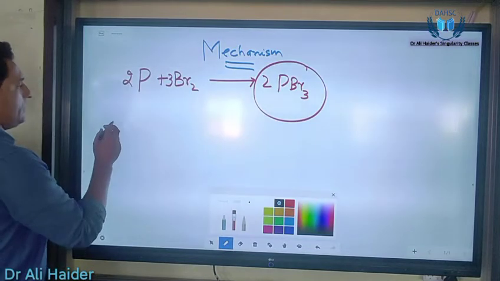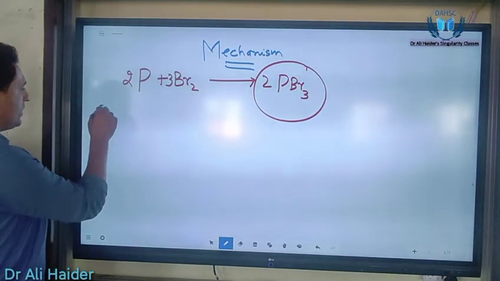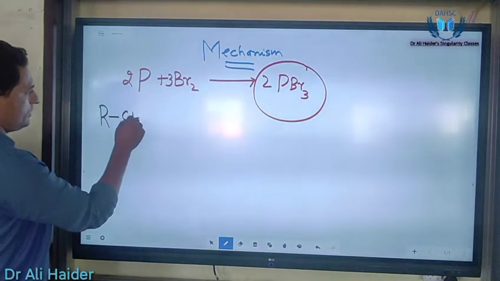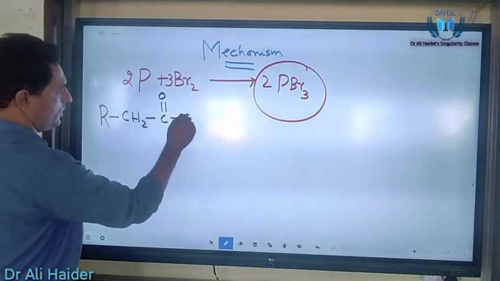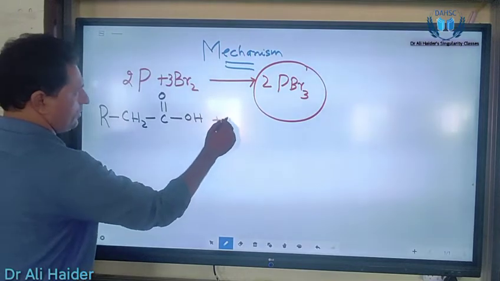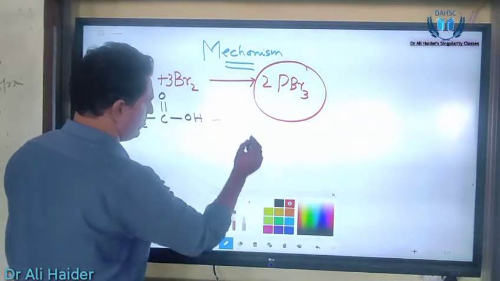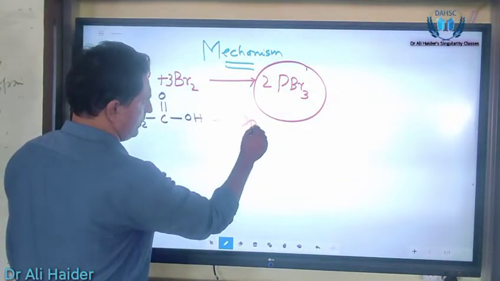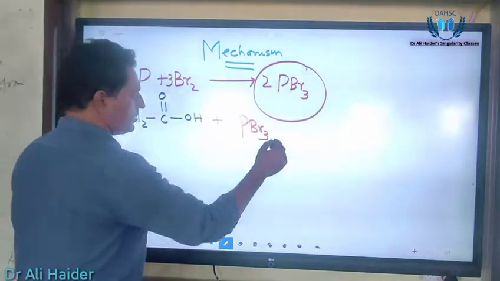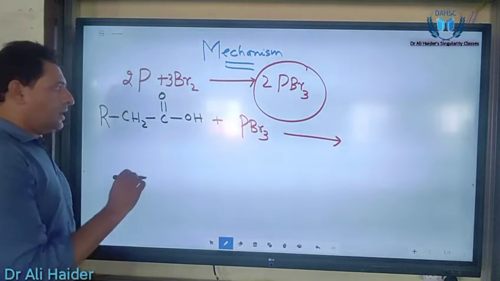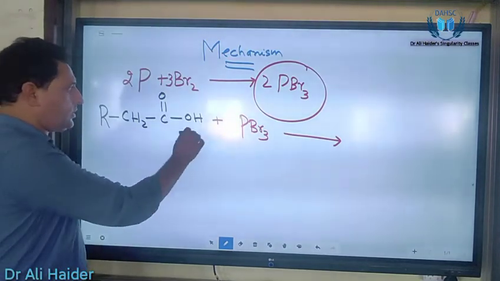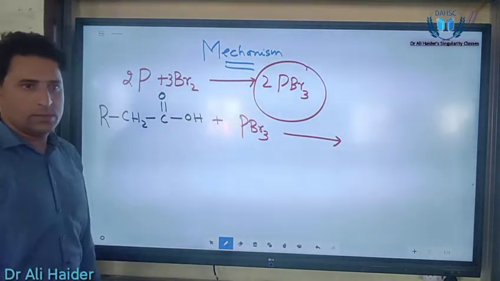Now what will happen in the next step? We have this carboxylic acid, RCH2-C(=O)-OH. This will react with PBr3. It's a very famous reaction, fine. What happens with PBr3 is that it replaces this OH group by halogen.